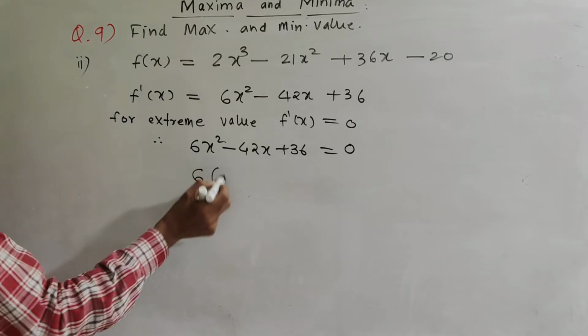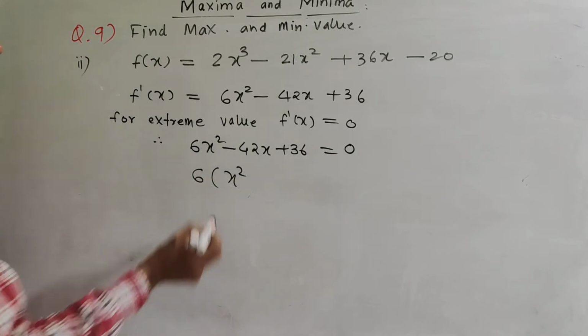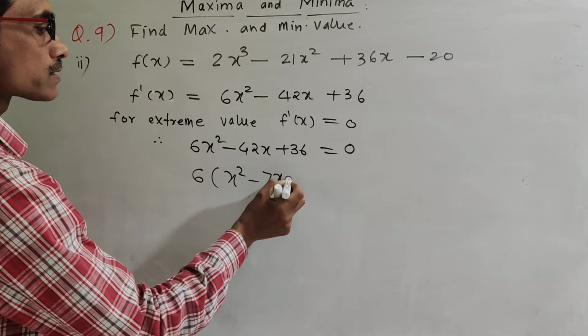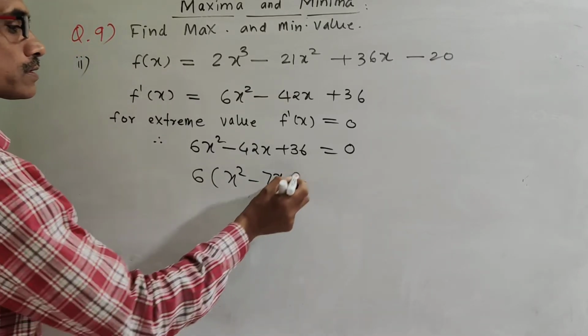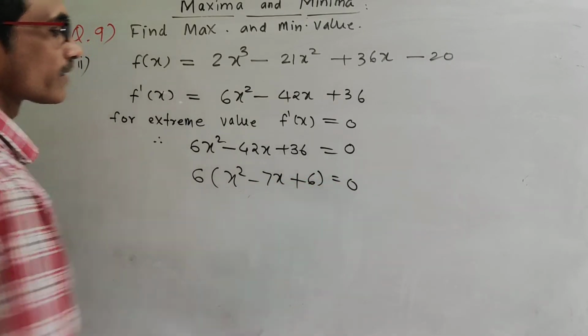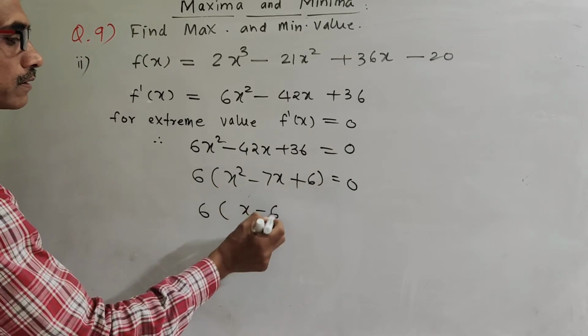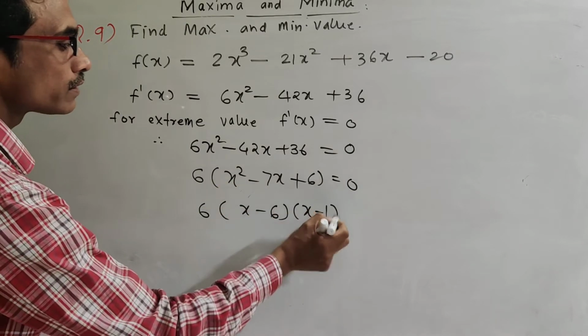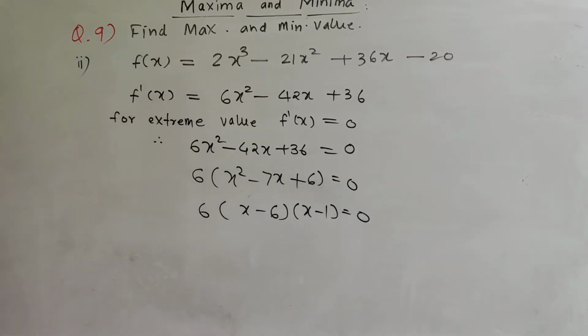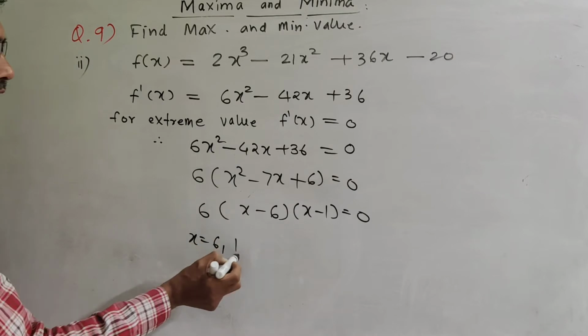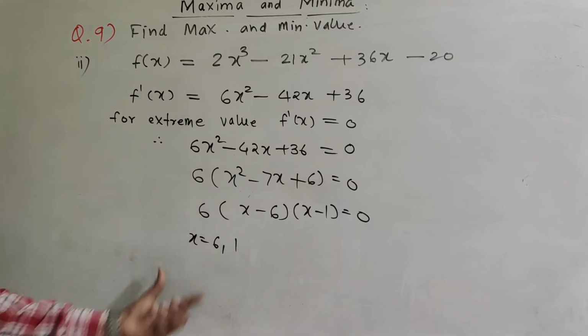6x square minus 7x plus 6 is equal to 0. Here 6x minus 6 and x minus 1 is equal to 0. That means we are getting here x is equal to 6 or 1. We are getting x is equal to 6 or 1.